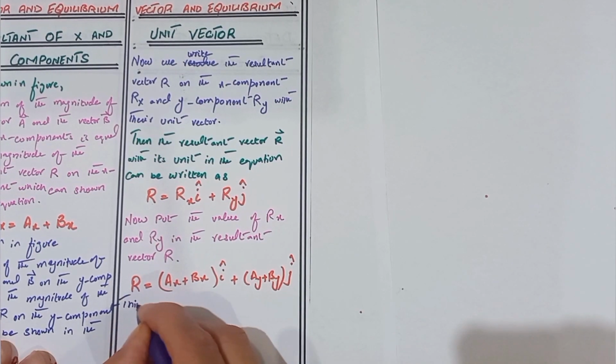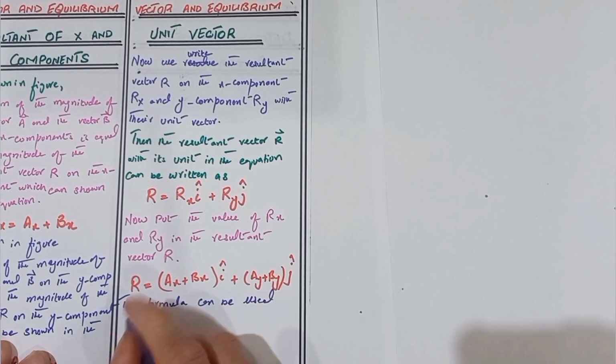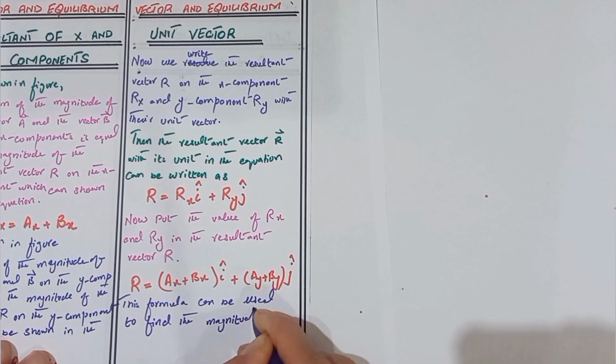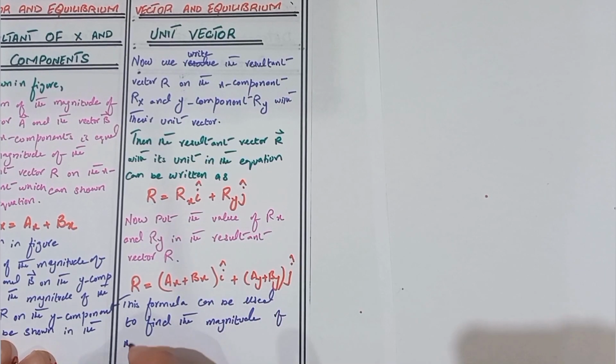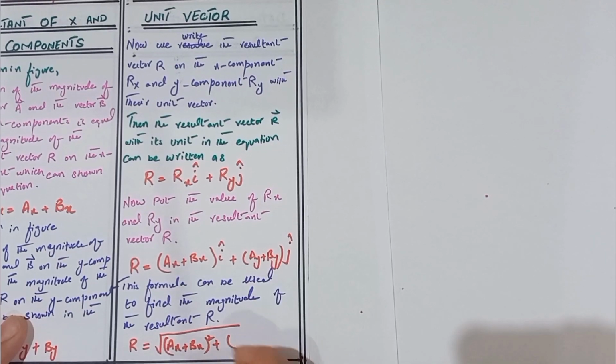Now this formula can be used to find the magnitude of the resultant R. So it can be written as the square root of (Ax + Bx) whole squared plus (Ay + By) whole squared.